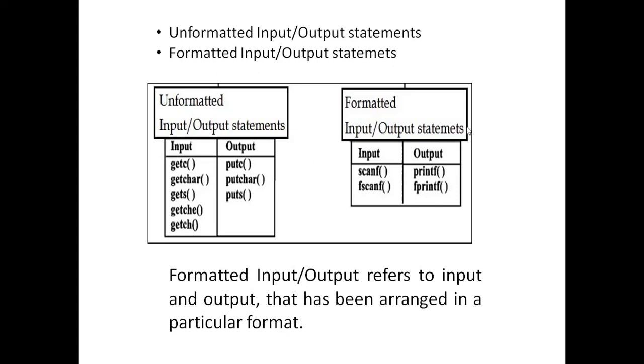Under the formatted input output statements, the formatted input statements are scanf and fscanf, and the formatted output statements are printf and fprintf. Formatted input output refers to input and output that has been arranged in a particular format.